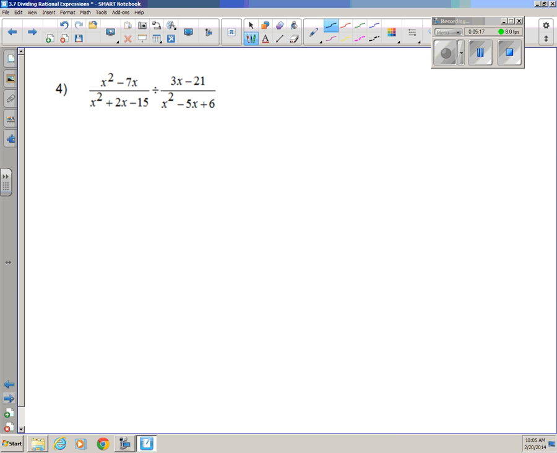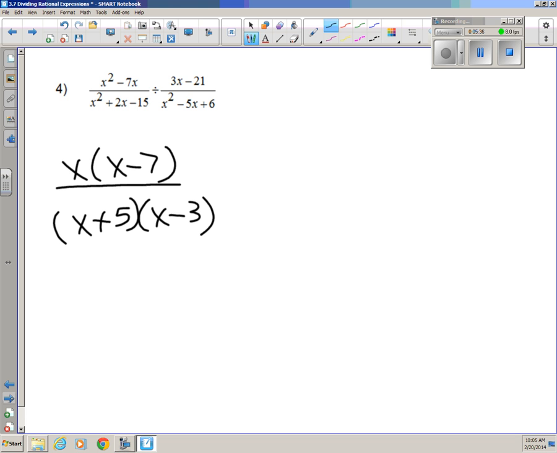Okay, this next one I'm going to factor and flip at the same time just to save some time. So what happens on number 4 is my numerator, the first fraction, is a GCF of x minus 7 left over. My numerator, the second fraction, is a trinomial, x plus 5, x minus 3.